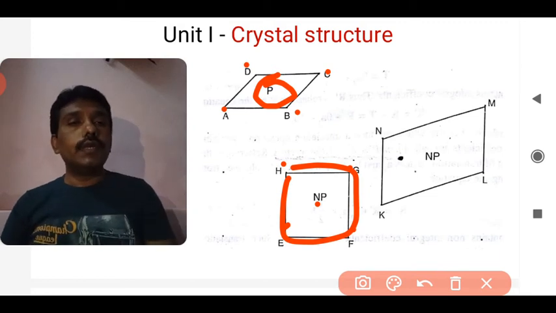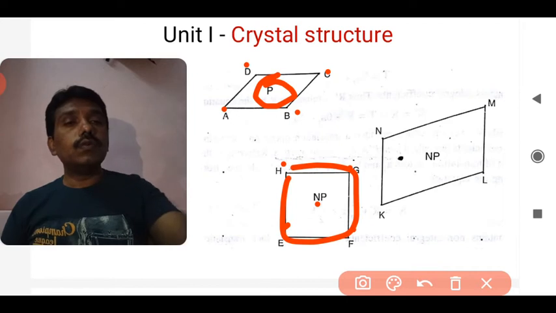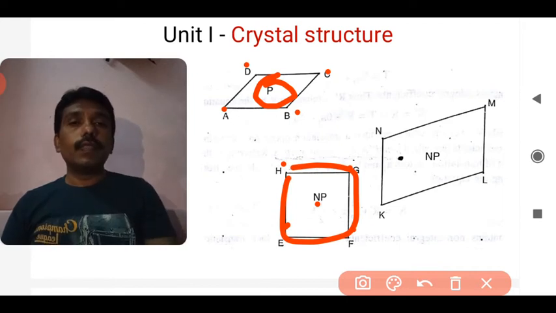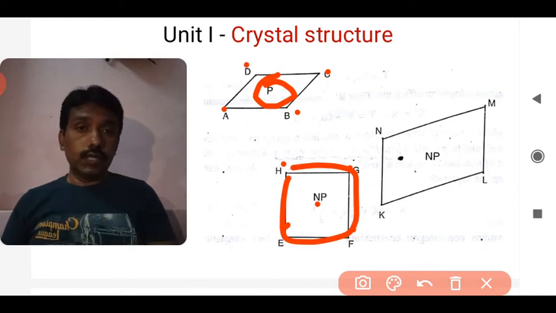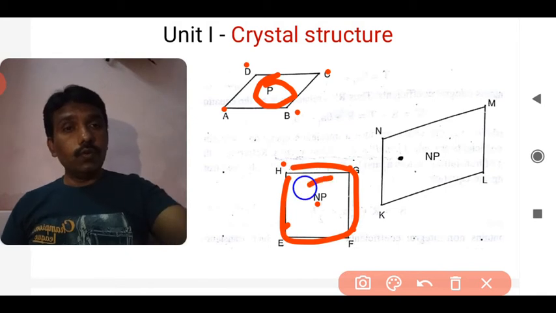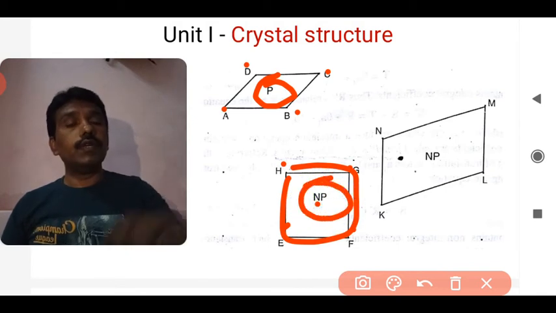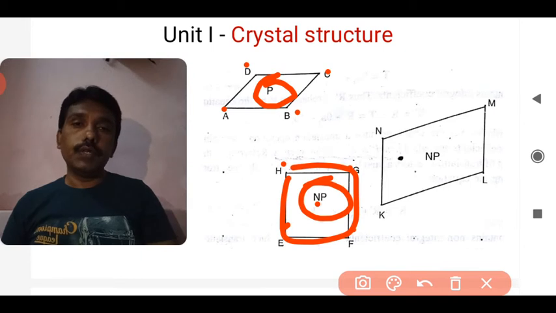In addition, another point is on the surface at the center. That means such a unit cell is called non-primitive, and due to that the notation is NP, non-primitive unit cell.